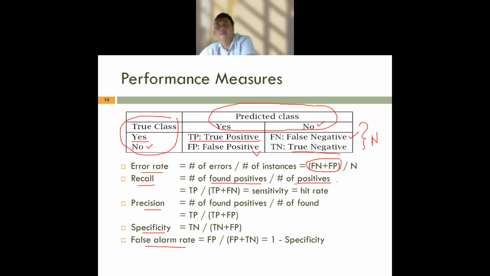This is normally introduced in information retrieval. But for classification, we call it sensitivity, the hit rate, where we look at the true positive divided by the true positive plus false negative. So the true positive divided by the sum of this. Okay, so here.